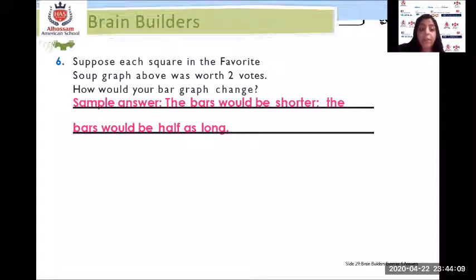Suppose each square in the favorite soup graph above was worth 2 votes. How would your bar graph change? So if each colored box in the bar graph we already did equals 2 votes, how would your bar graph change?